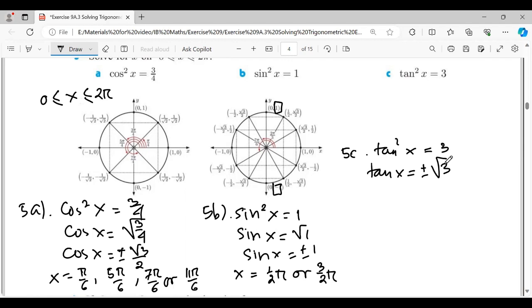So x are, wait, square root 3 means square root 3/2 and half, or negative one of them.